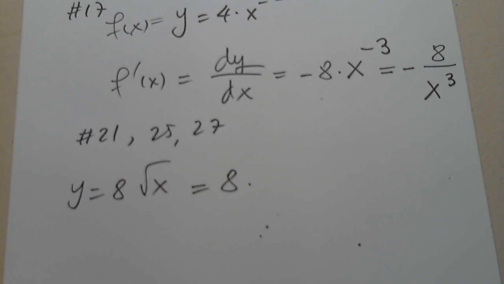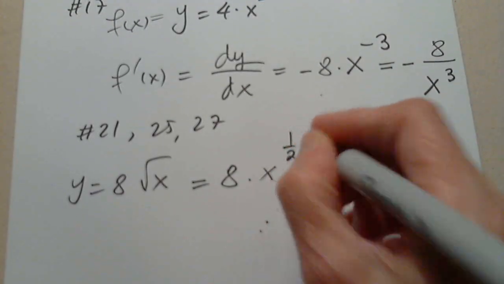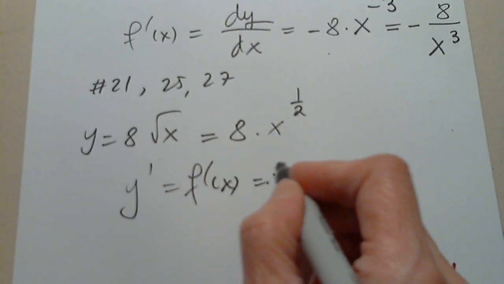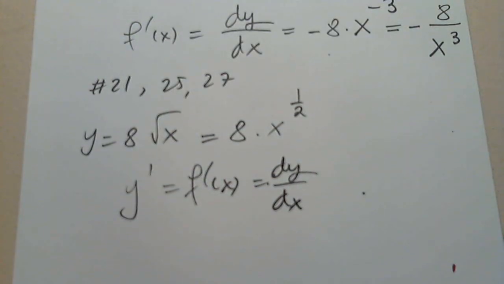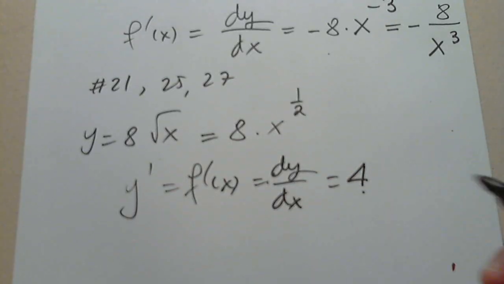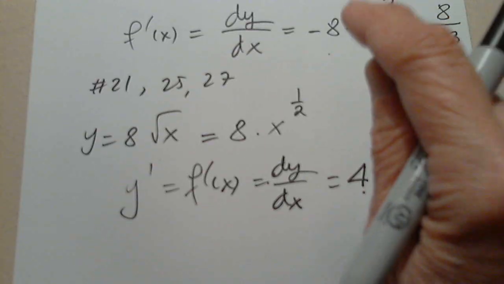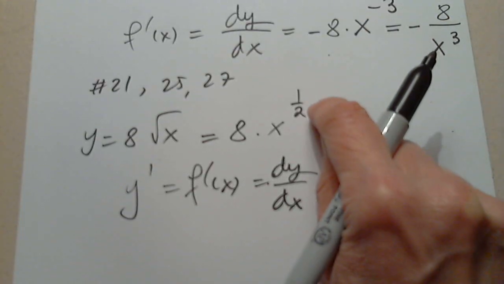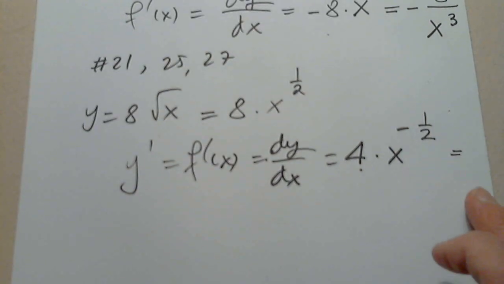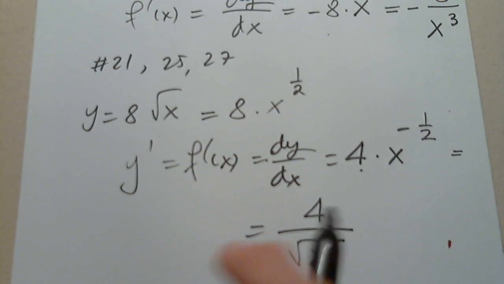So I write it as x to 1/2, and now I can write either y prime or f prime or dy by dx, they all mean the same thing. I multiply 8 by 1/2 and I get 4. I multiply by x, but I have to subtract 1 from the power. But 1/2 minus 1 will be negative 1/2. That's why we reviewed the power rules. So this is 4 over the square root of x.